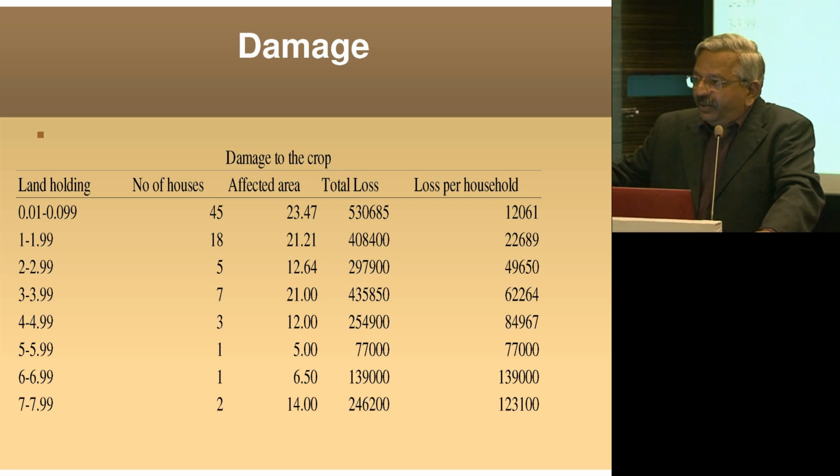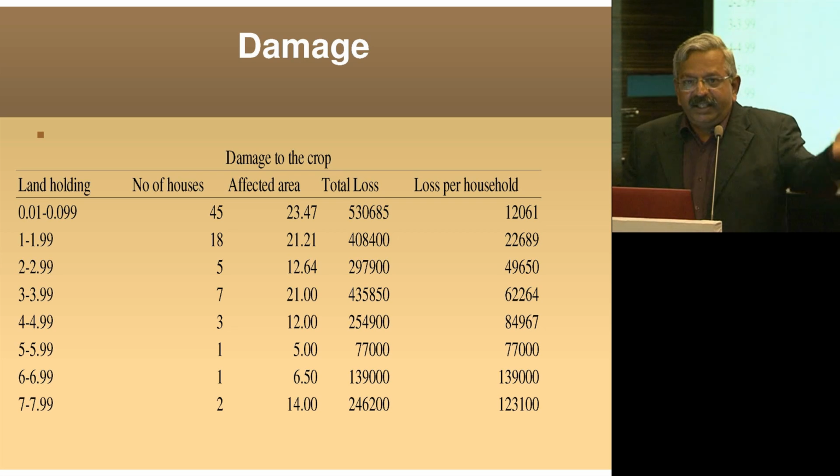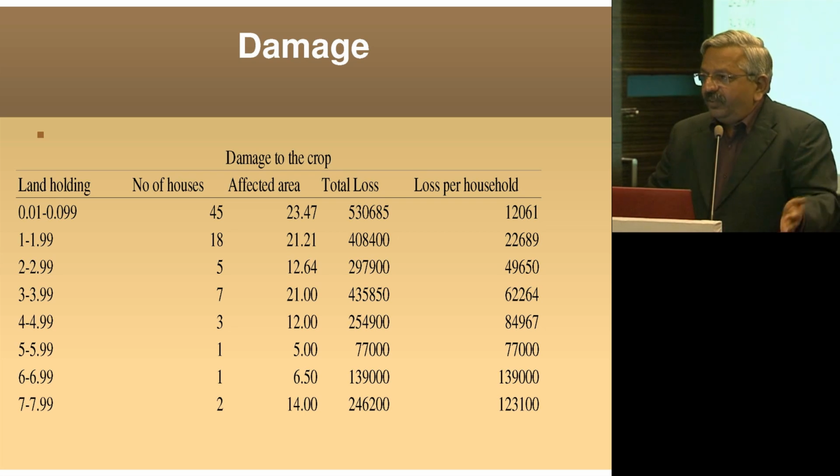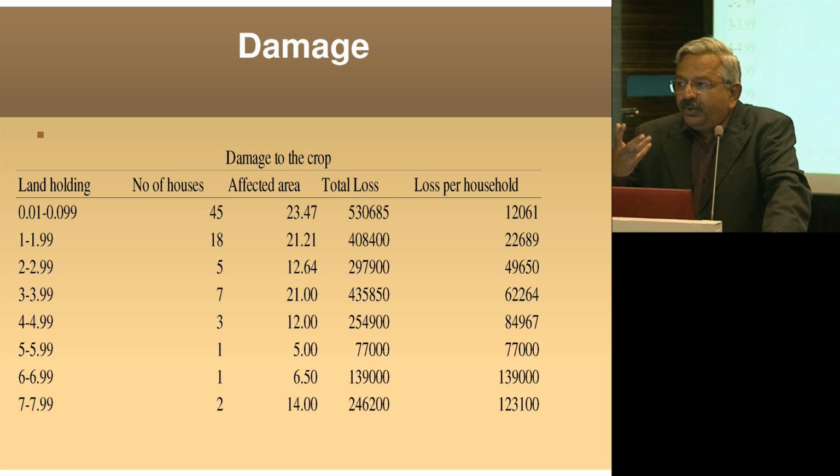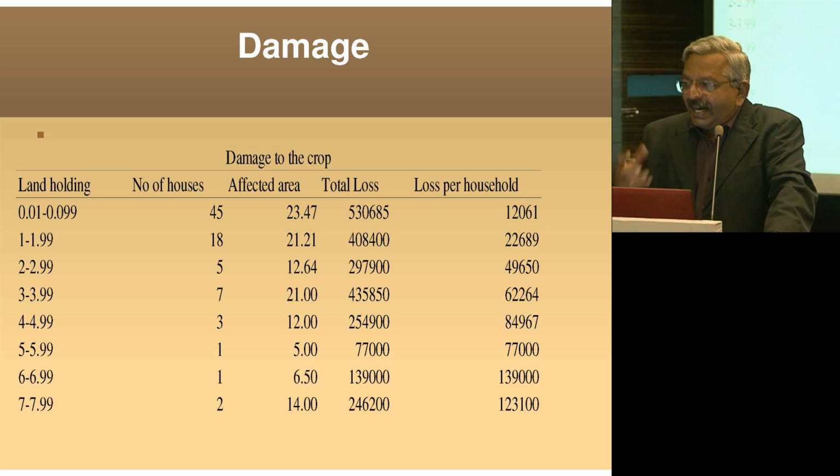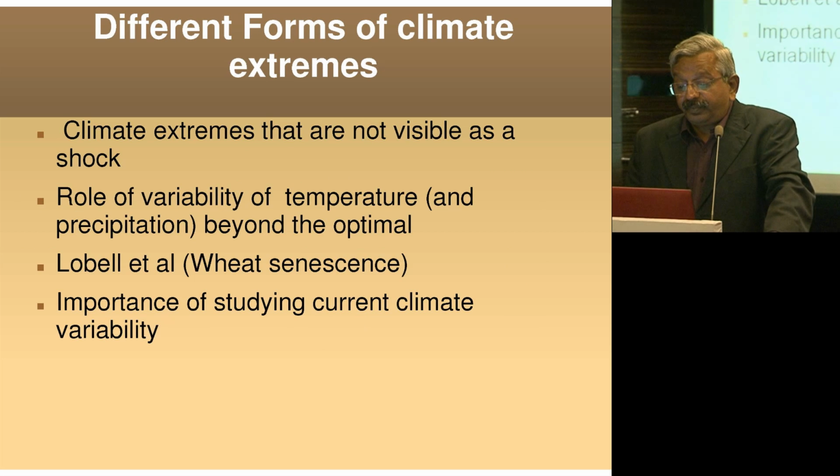But on the one hand, you have 100,000 households. On the other, you have exactly one. So the gross value of damage is a category which should be used carefully.